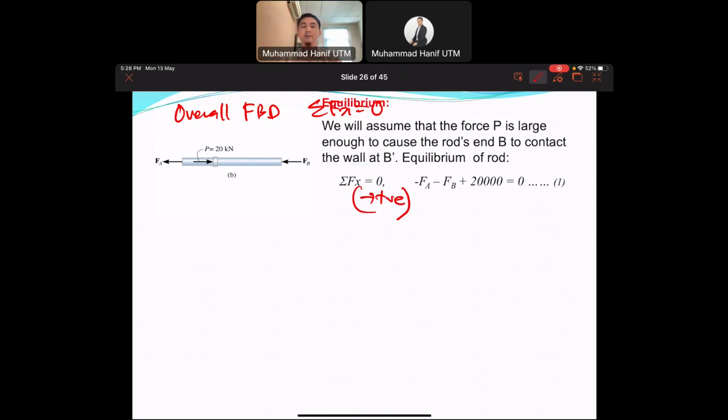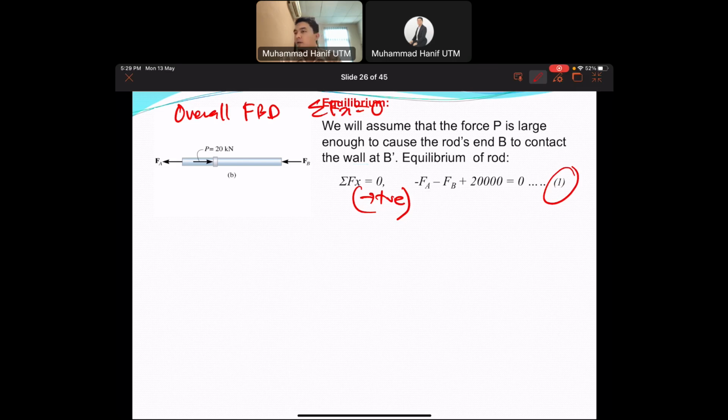You have this first equation. But if you think there is no other way to use the equilibrium system to generate the second and third equation, it means that this rod or this system is statically indeterminate.